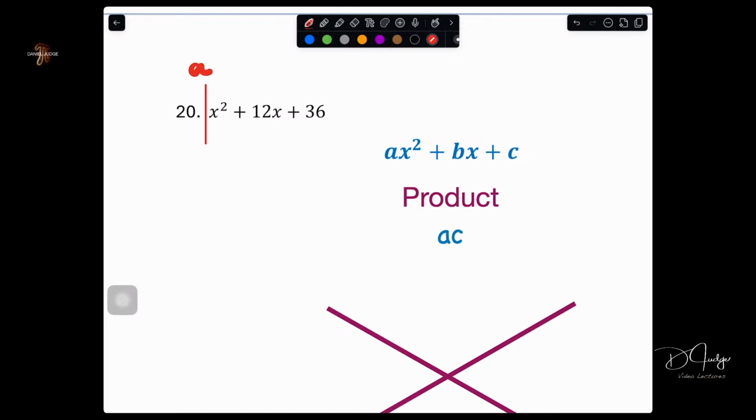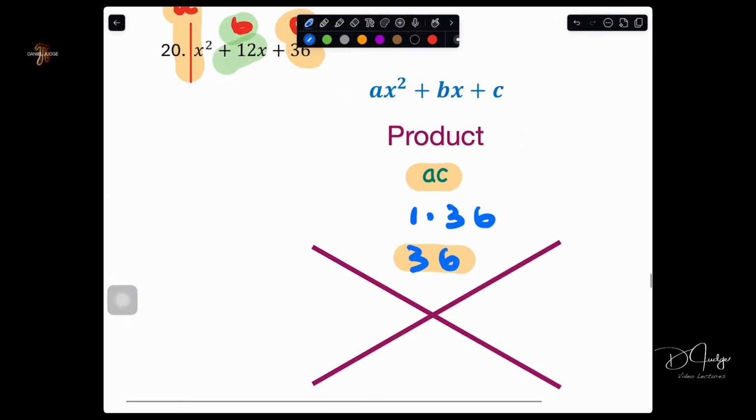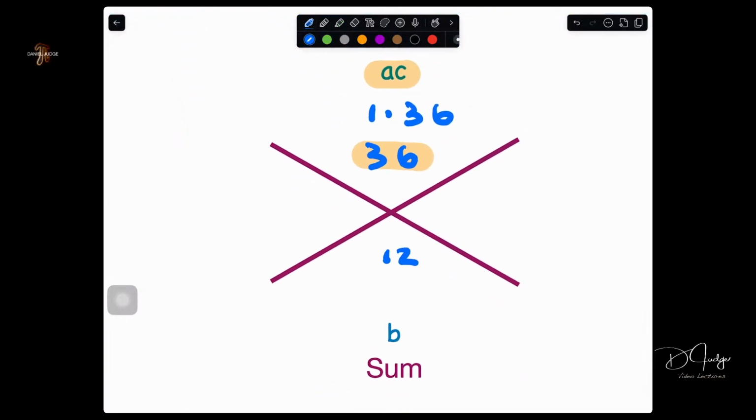So again, we got A is 1, B is 12, C is 36. So A times C, 1 times 36, is 36. And then the B value is a positive 12, so we notate positive 12 and put it down here.